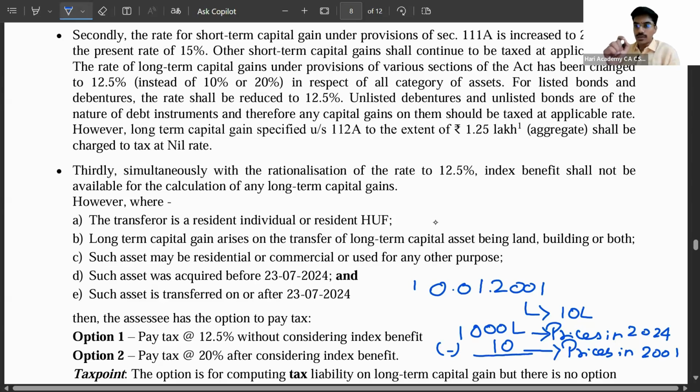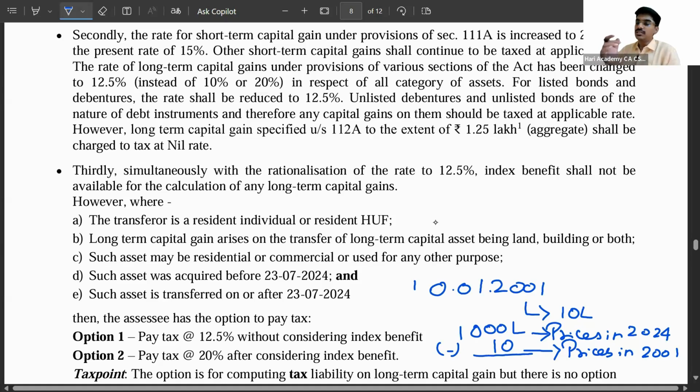Even though the quantum is expressed in rupees and is the same, its value has substantially reduced. So 1 rupee of 2001 shall not be equated with 1 rupee of 2024. This is the entire concept.